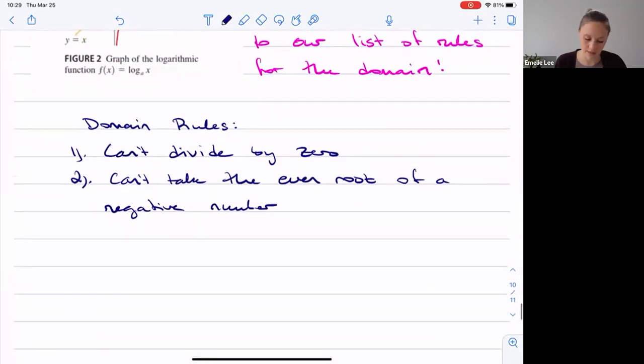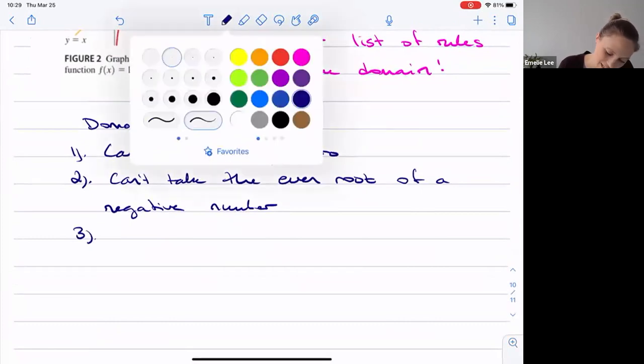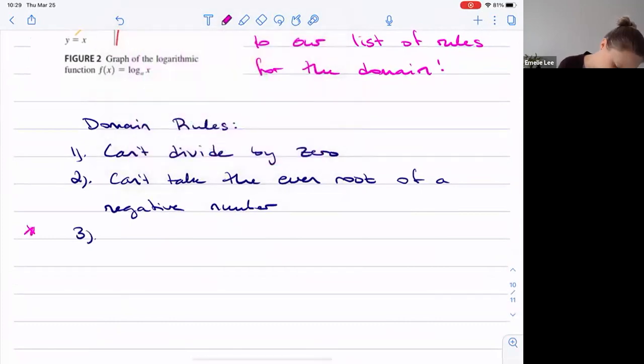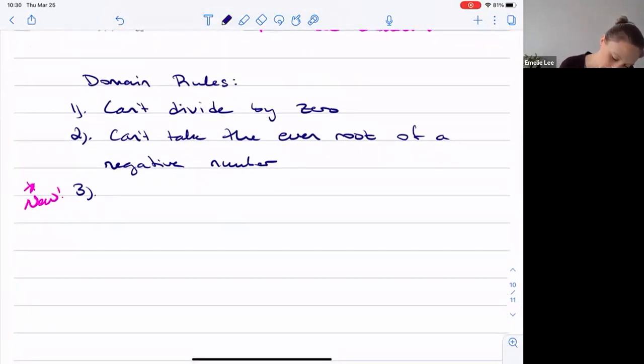And then now, kind of new, we have a third thing to look out for when we're finding the domain.